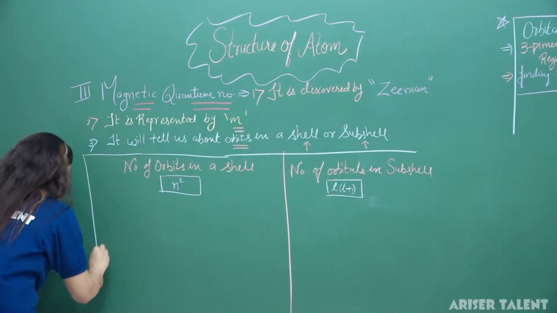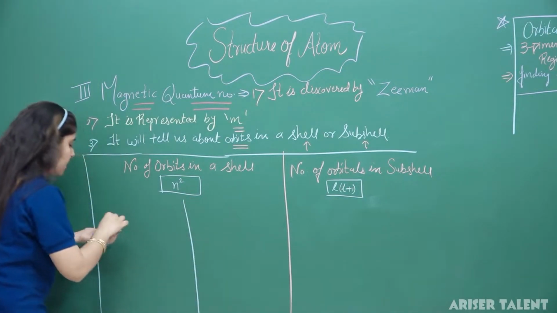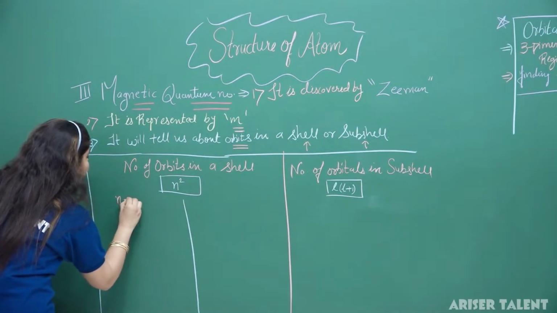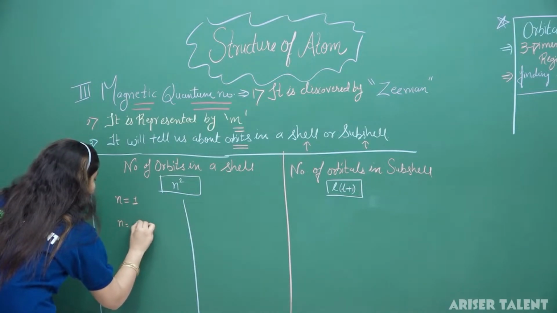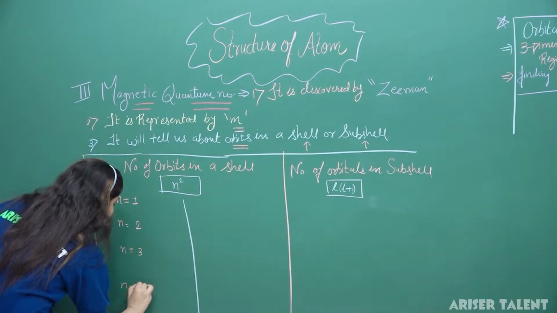Now what we will do, we will take different values of n. What are the values of n here? 1, 2, 3 and 4.